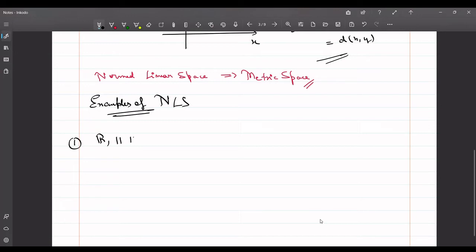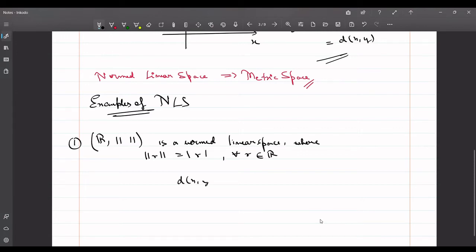Real numbers with respect to a norm function, which we will define now, is a normed linear space, where the norm of an element of R is given as its modulus. From here we can define a metric d of x, y, which is given as mod of y minus x.